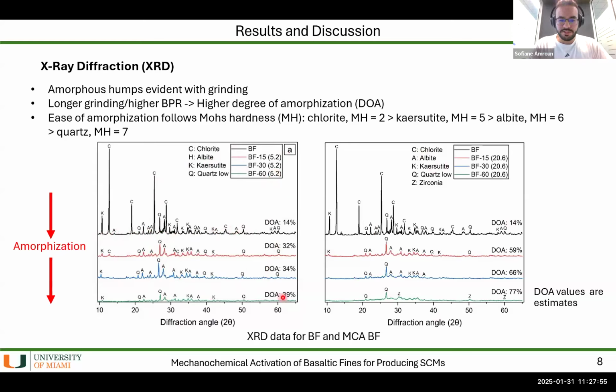And this is 15, 30, and 60 minutes for both figures. We see that with grinding time, the peak intensities go down and they get broader, which means that we're getting amorphization, and we were able to estimate the degree of amorphization. The raw material is 14, and with the BPR of 5.2, we're able to reach 39, and with the BPR of 20.6, we're able to reach 77.